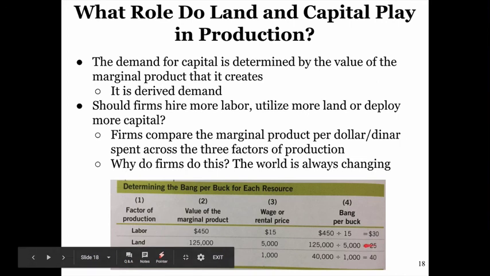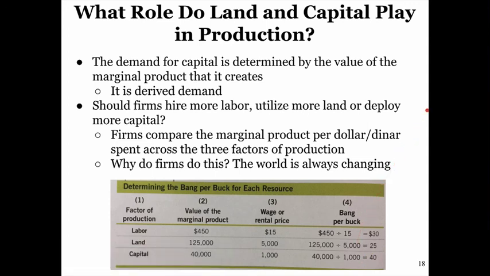You're going to get 25 for that land, but you're going to get 40 if you add in that extra resource. So a business would say, we're going to invest in more capital because the marginal product compared to the cost it will take to buy that capital is more efficient than if we used more land or we hired more labor.